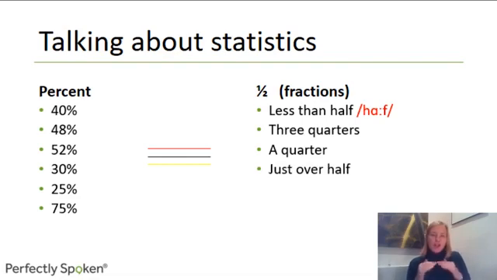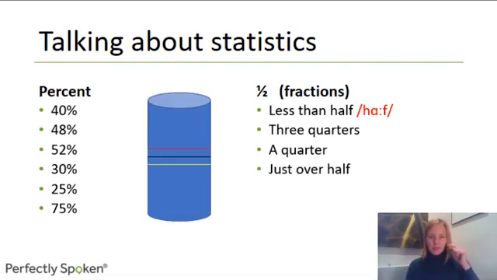And here we've got just over half. Look at the picture. You've got three lines: a black line, that's half, and the red line is just over half. So which number is just over half?